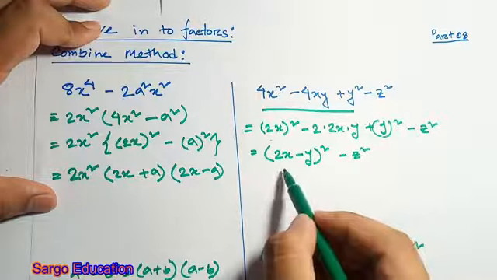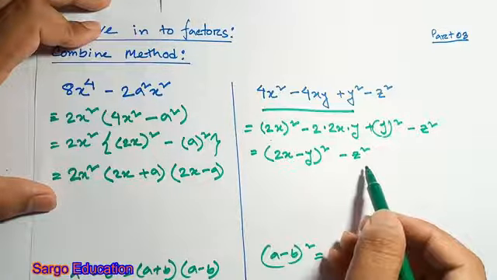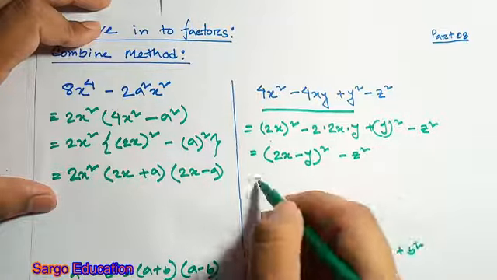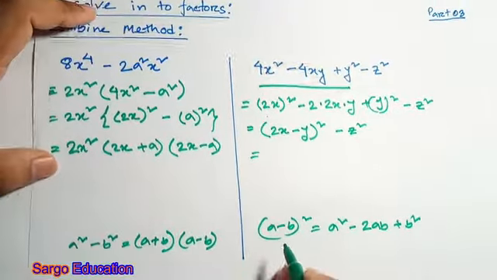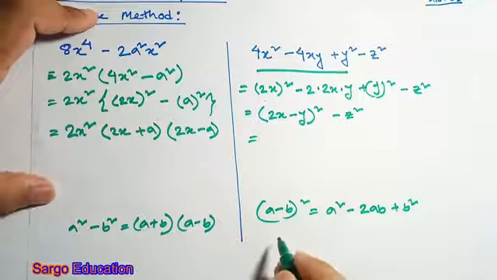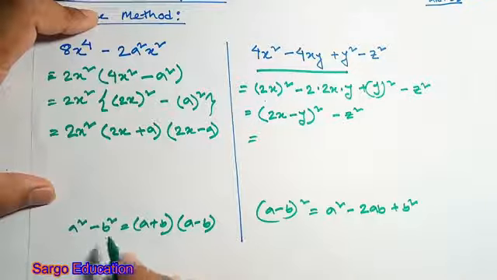But do you know this term looks like another formula, that is written here, a square minus b square?